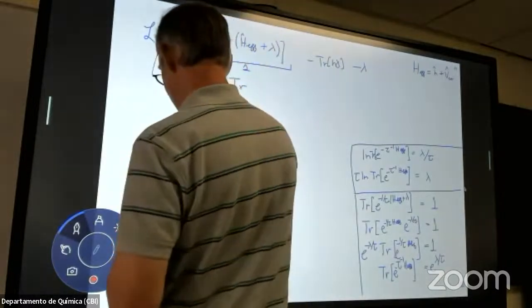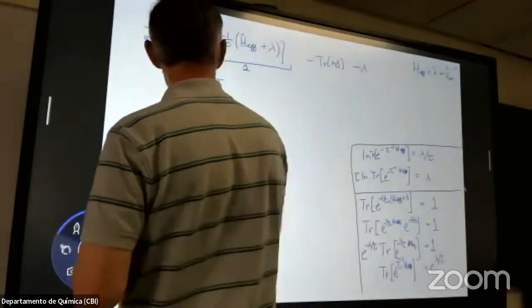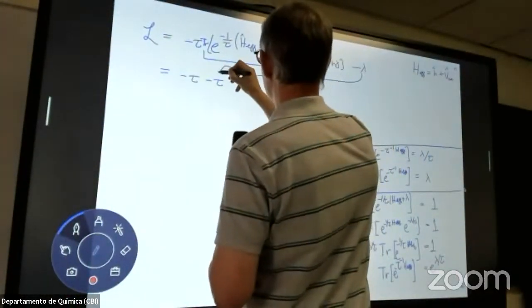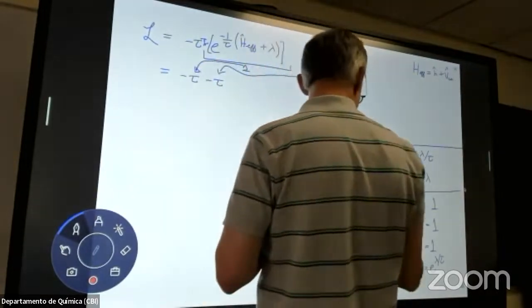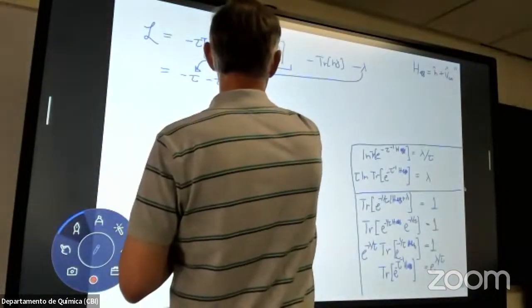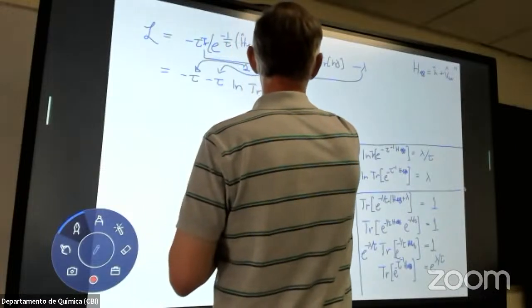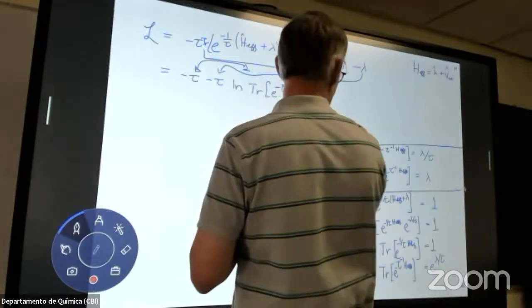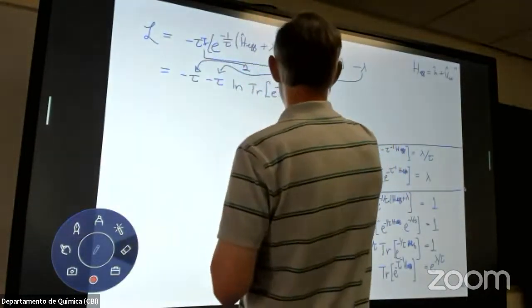Oops. So this is my lambda term. I'm going to pull it all the way over here. This term I'm going to put there. It's going to be tau times the log of the trace of e to the minus tau to the minus 1 h effective. Oops, I'm not using beta, I'm using tau to the minus 1.